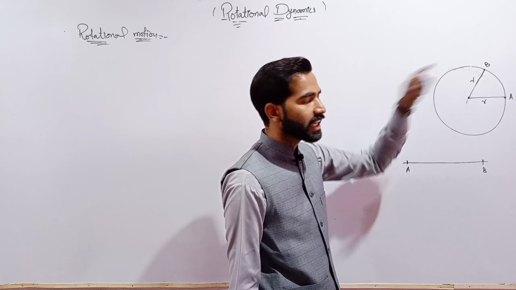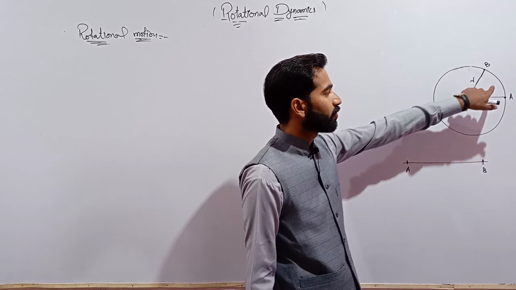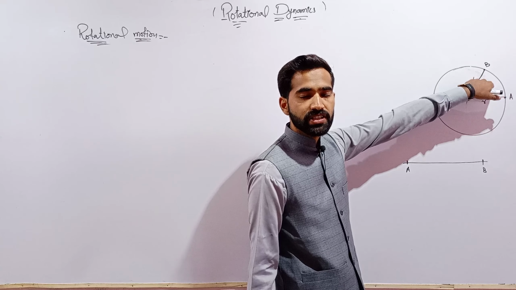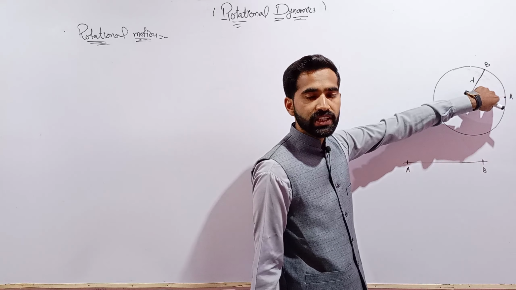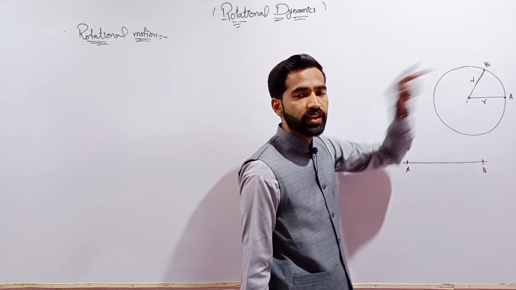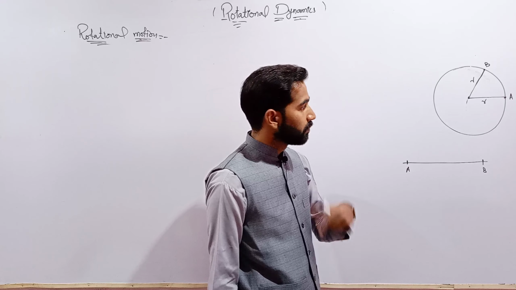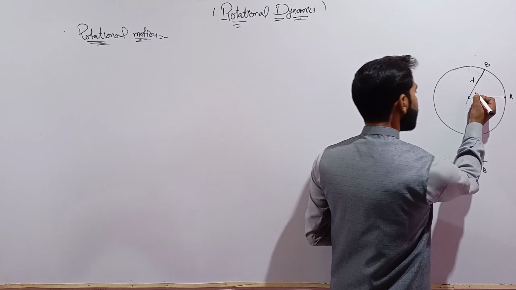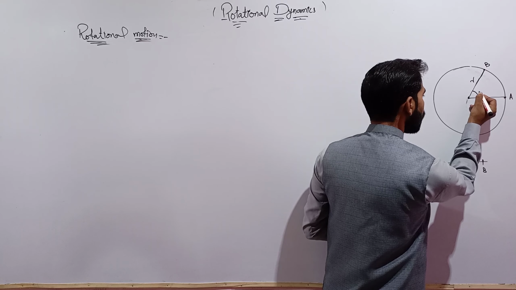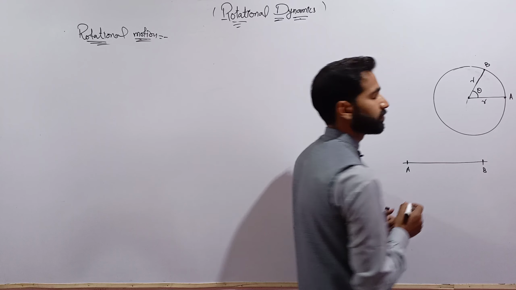But here we cannot say that this object covers 2 meters, 3 meters, 4 meters or 3 centimeters distance, because here a new term is introduced, known as theta.